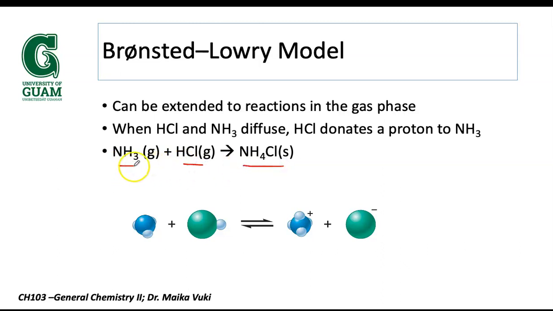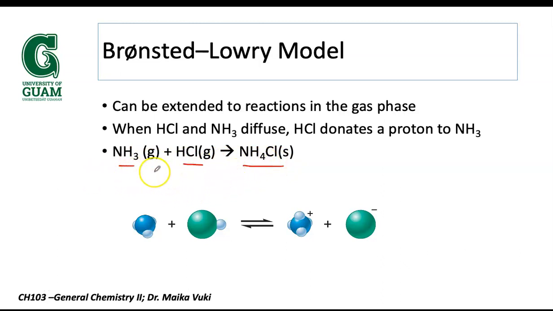This is a very strong, highly exothermic reaction, and you'll form ammonium chloride, solid. So no solution, in other words, no water is involved here. Without any water at all, you see the reaction taking place, and this still is an acid-base reaction.